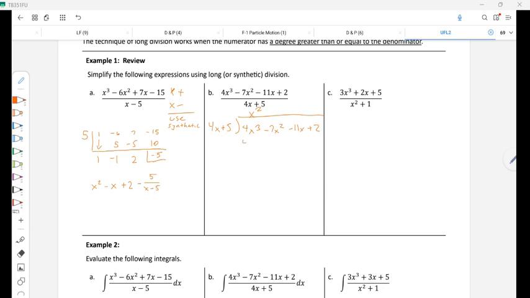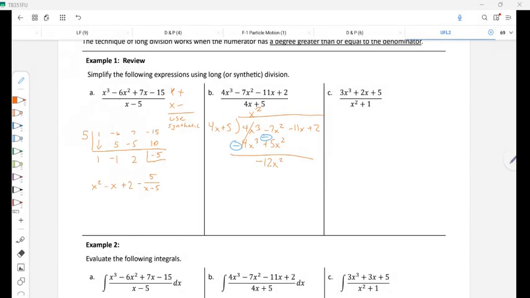So that gives us 4x cubed plus 5x squared. But then we have to change those signs. This is how I always show it, because we need to subtract those things. Cancels. And again, kind of seeing I'm doing the right thing. When I do negative 7 minus 5, I get negative 12x squared.